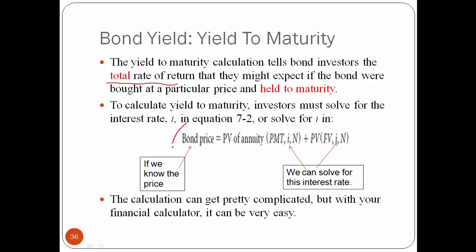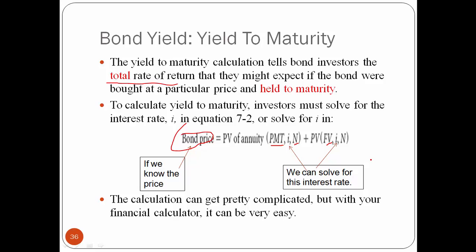So if you know the price you pay for the bond, that's the amount you invest, and then you compare it to all the coupon payments you are going to receive. In addition to the coupon payments, if you hold it till maturity, you're going to receive all the future coupon payments and a final lump sum par value payment, right?